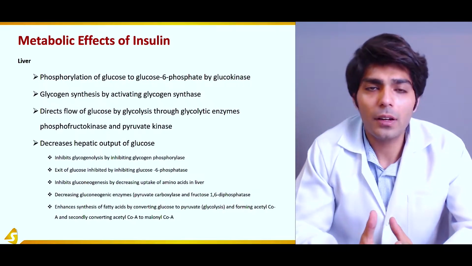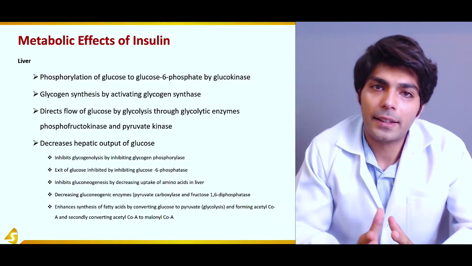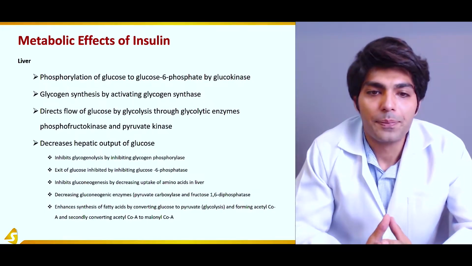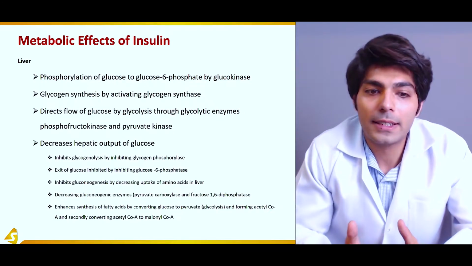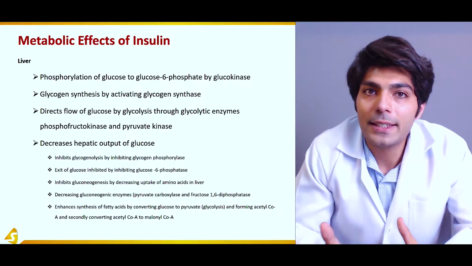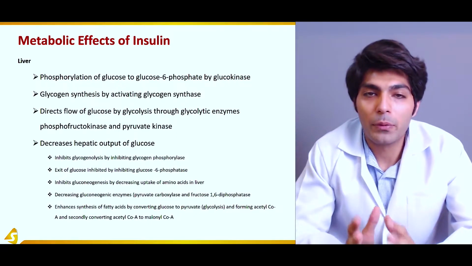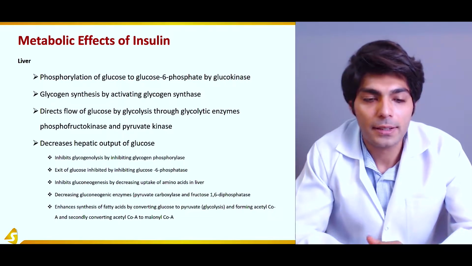So we know that glucose is converted into glucose 6-phosphate, and the exit of glucose is inhibited by glucose 6-phosphatase, an enzyme that prevents the exit flow of glucose from the hepatic cells.